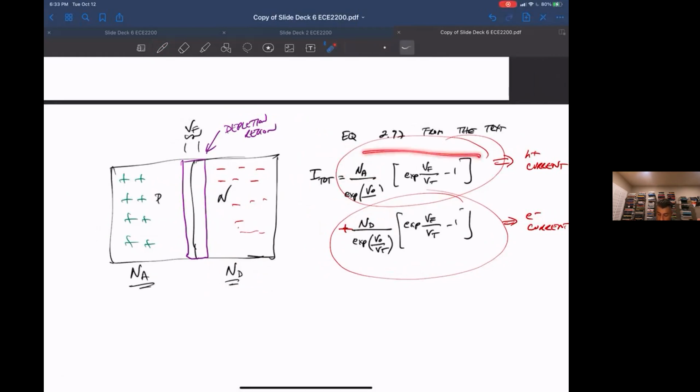That means that in this total current, there'll be 10 times more electron current than hole current, because it's dependent on the doping concentration on each side. Or it could be 100 times if N sub D is 100 times higher than N sub A, or 1,000 times. It just depends on the relative values of the concentrations.